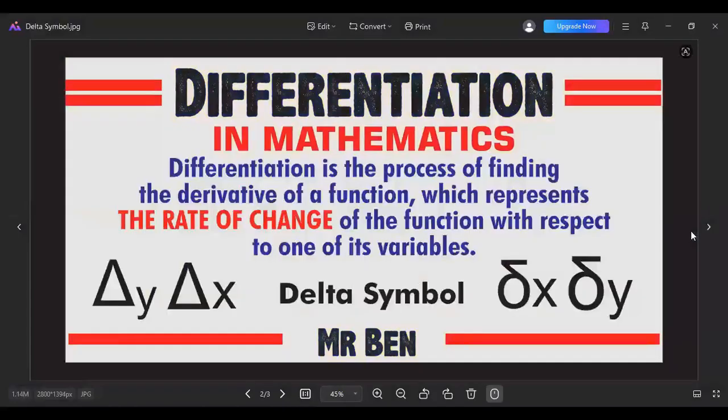Differentiation is the process of finding the derivative of a function, which represents the rate of change with respect to one of its variables. So this is the delta symbol. When you see dy/dx, this one is like the capital D, dy dx. This one is like the small letter.